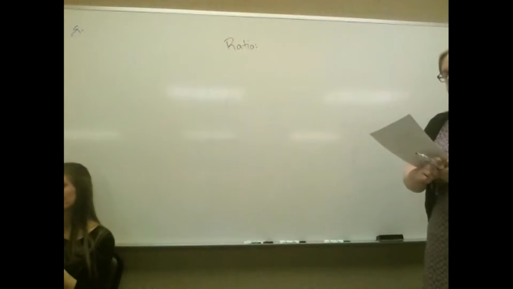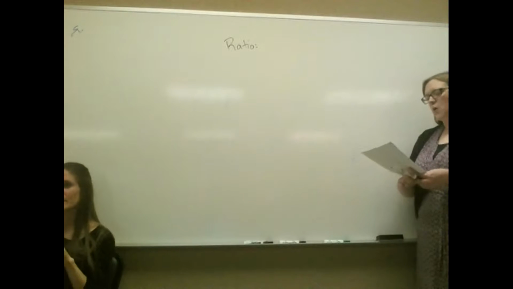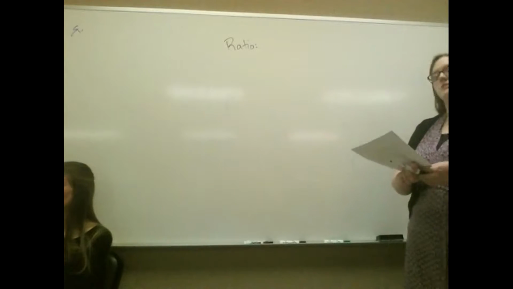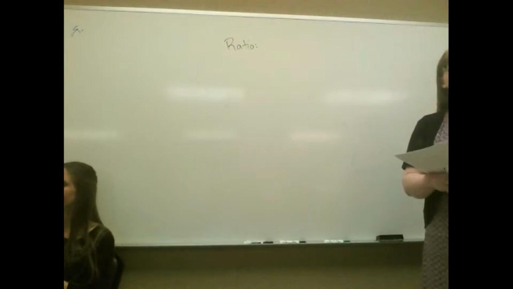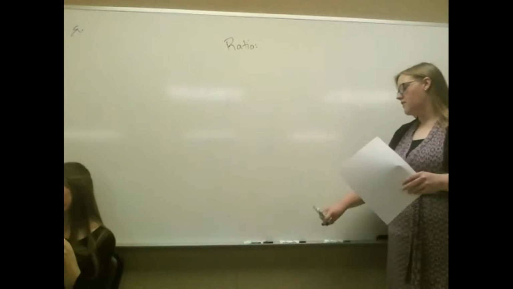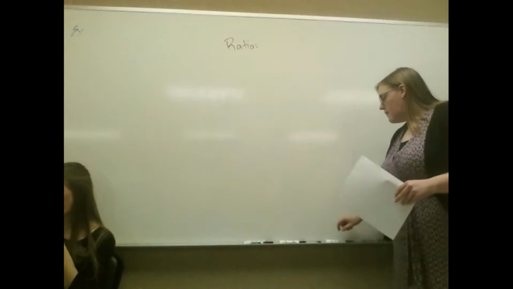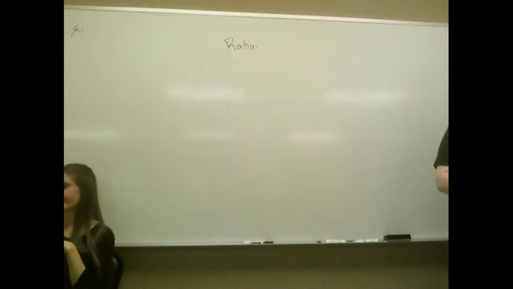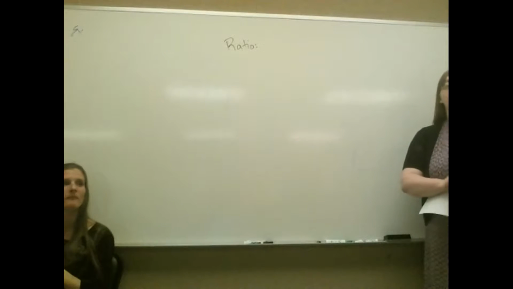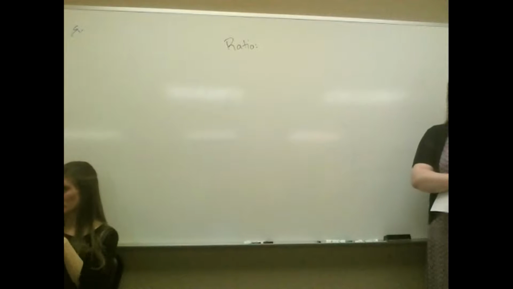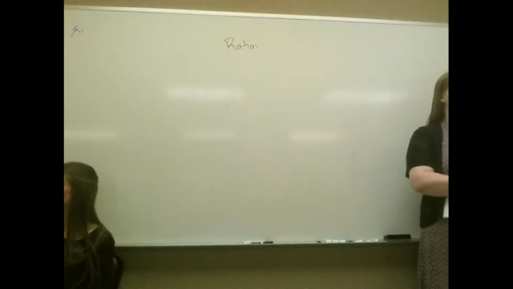Also, equivalent ratios are ratios that express the same relationship. We'll go into more detail as far as what equivalent ratios are, but to give you a real quick simplified idea, two fractions like 1/2 and 2/4, those are equivalent ratios.